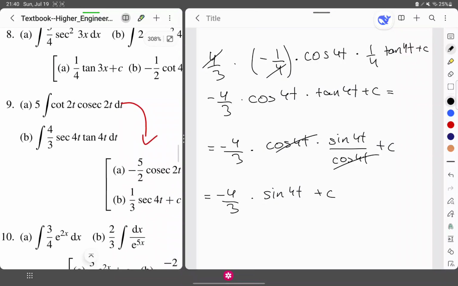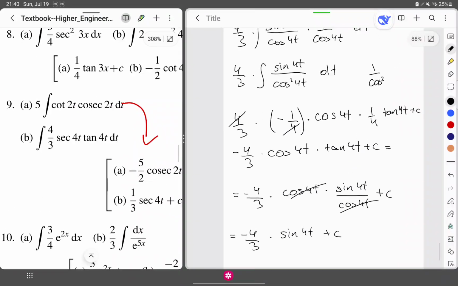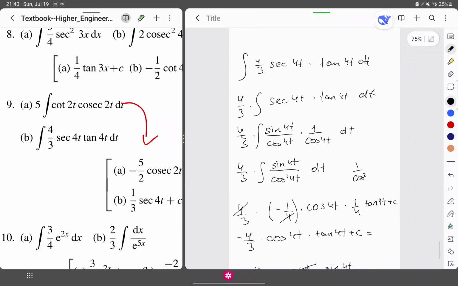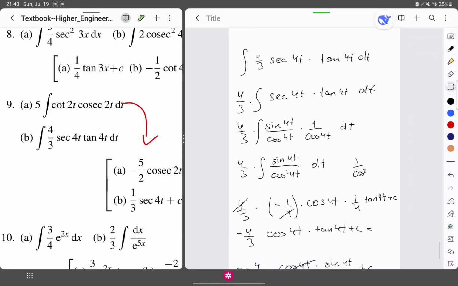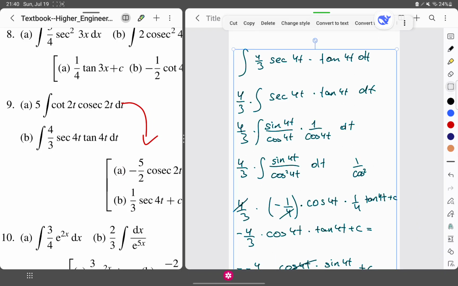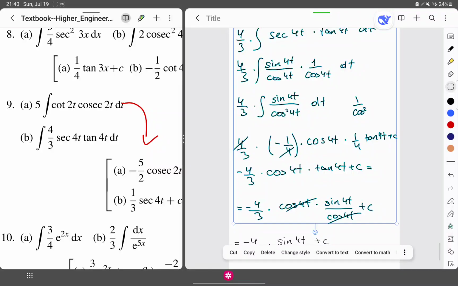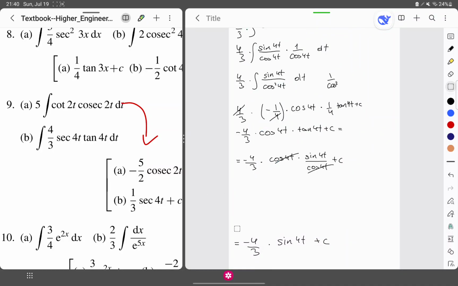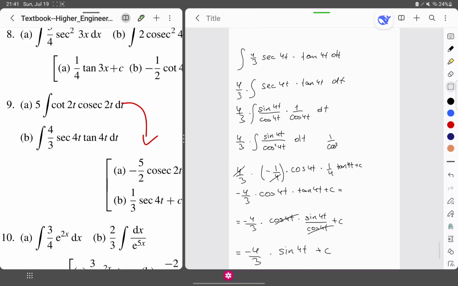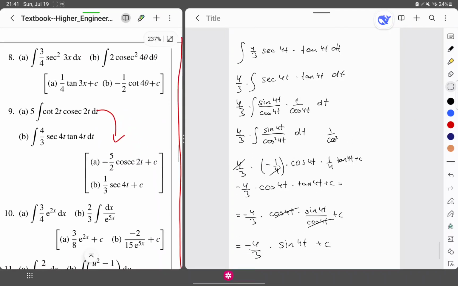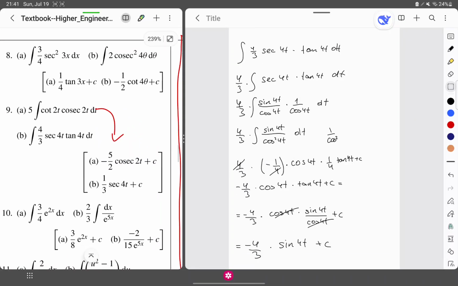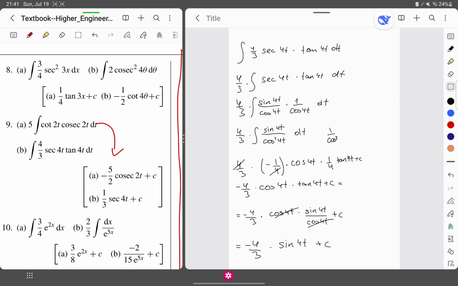Why? Why is it not right? Okay, I will ask this to my teacher. Why is it not true? Okay. Let me write this. Let me ask this to my teacher right now.